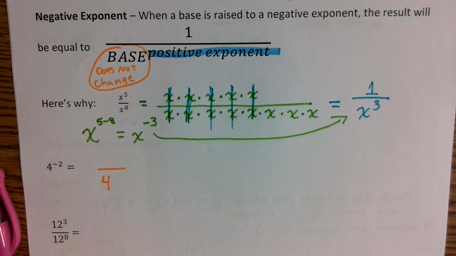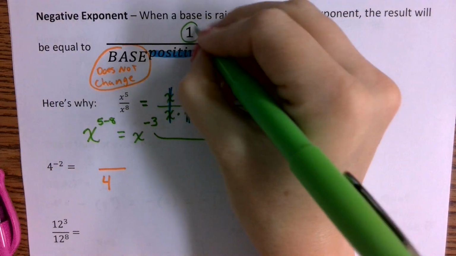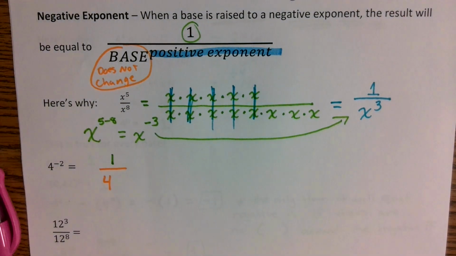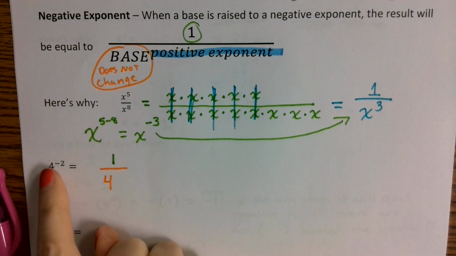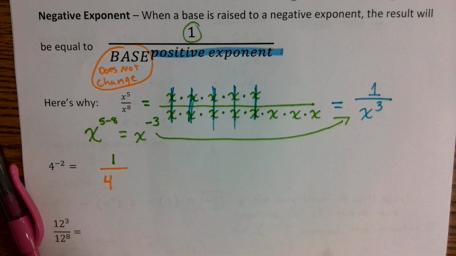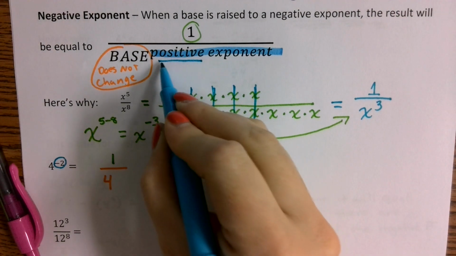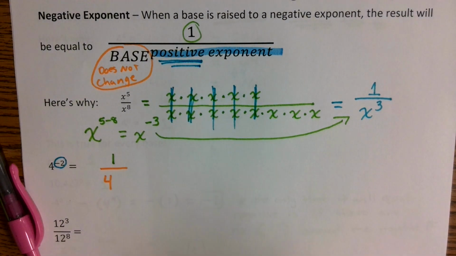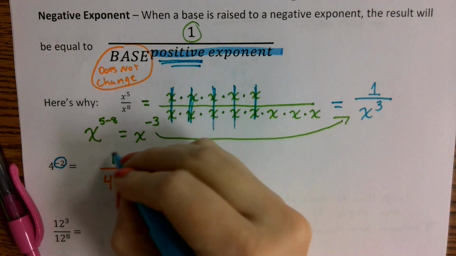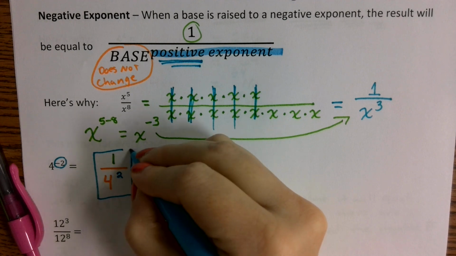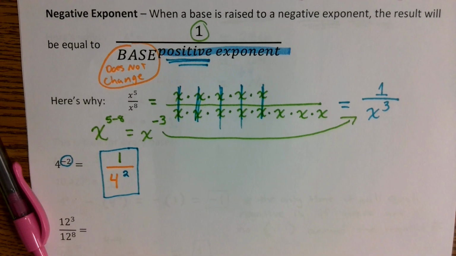A 1. A 1 is always going to go on the top of your fraction. And now my exponent, which was a negative 2, now becomes a positive 2. So it's now 1 over 4 to the second power.